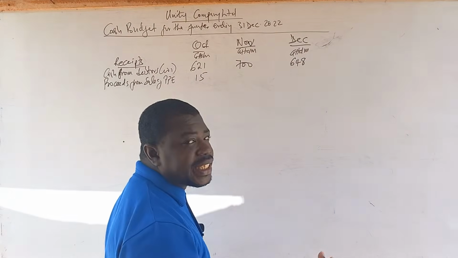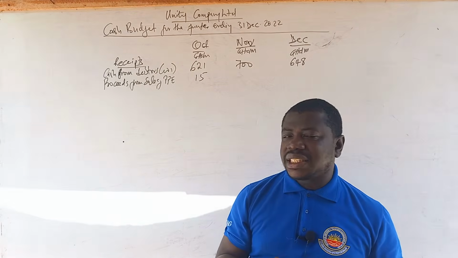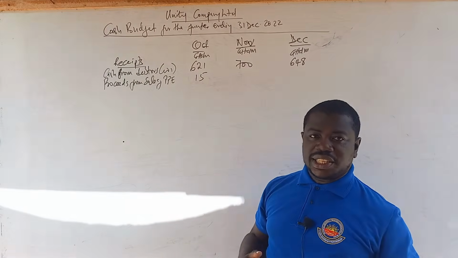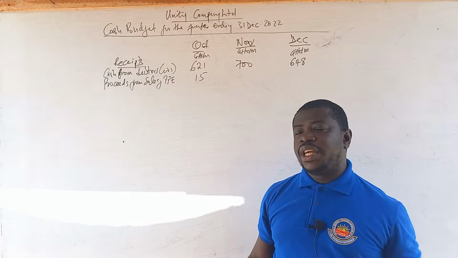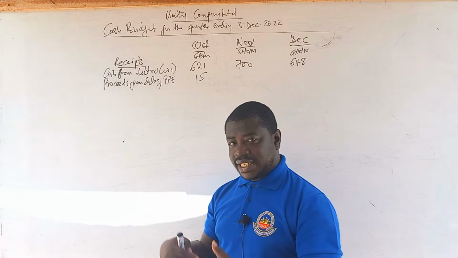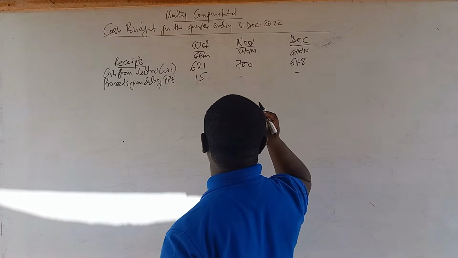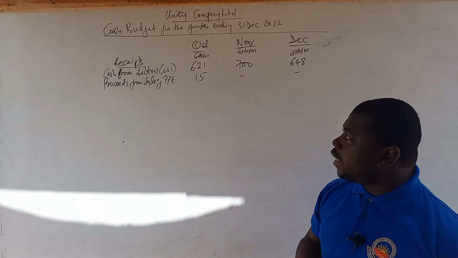When we sell the asset, remember, even though we are parting way with the asset, we are bringing in cash. Don't be confused that once we are selling, why are we treating it as a receipt? You are looking at the cash component, not the equipment component. The equipment is leaving, but cash is coming in of 15 million in October. But it has nothing for November and December because we took that only in October.